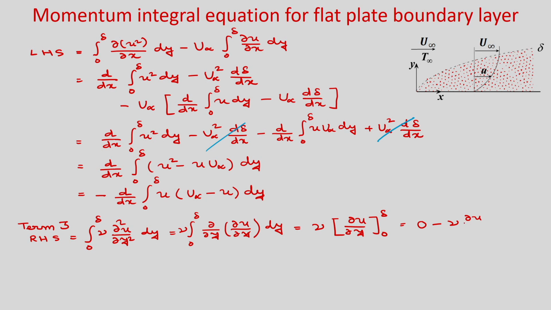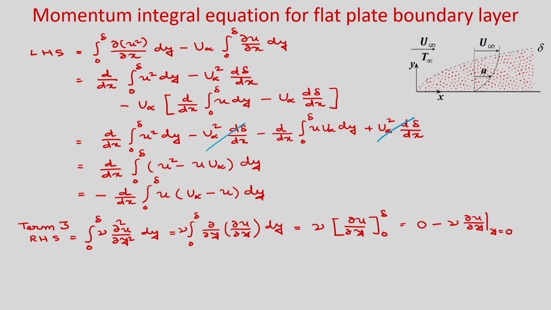Now, you see that at y = δ, which is the edge of the boundary layer, what is the velocity gradient ∂u/∂y? Because at the edge of the boundary layer and outside it, you have a free stream velocity u∞, so the velocity gradient becomes 0. That means ∂u/∂y will be 0 at y = δ. So, at y = δ it will be 0, and − ν ∂u/∂y at the wall will have some value, that is at y = 0.